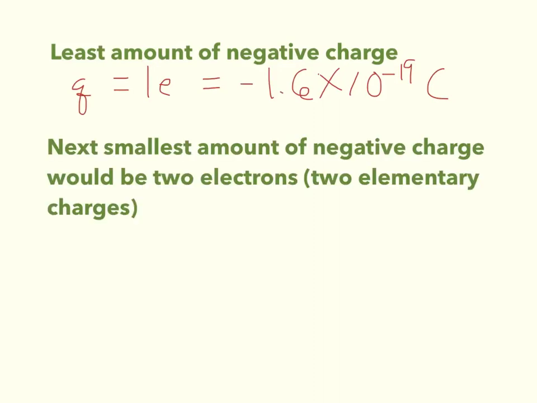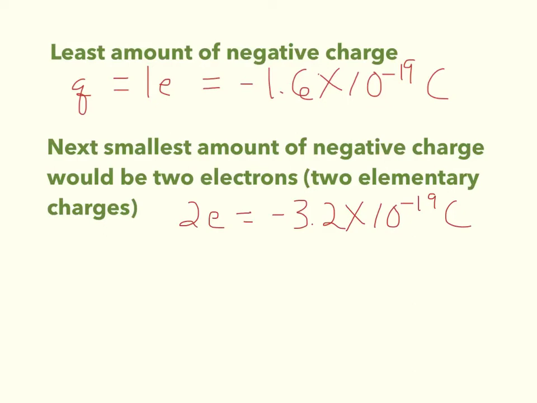Now the next smallest amount of negative charge would be to add another electron, so that would be two elementary charges, which would be negative 3.2 times 10 to the negative 19 coulombs, or 1.6 times 10 to the negative 19 times 2.